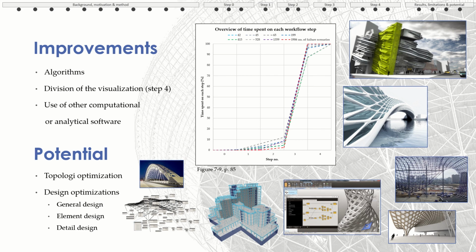It's probably possible to not get these RAM problems, or at least minimize them, if you somehow divide the steps into several sub-steps. You might even use some other computational or analytical software to get some completely different results.